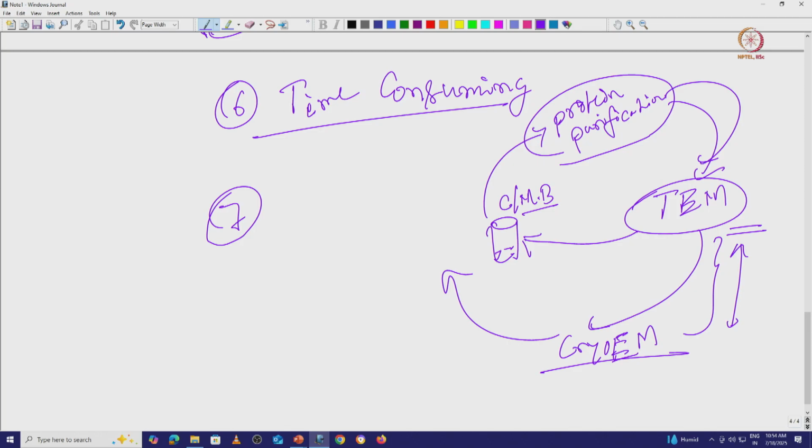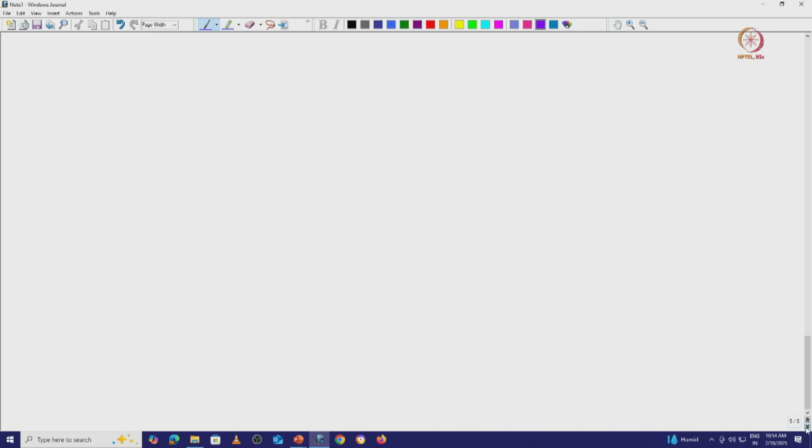Okay, so what are the basic steps for our single particle cryo-EM? Let's discuss a little bit about that, the basic steps of what we want to do. So first step is grid preparation. So grid preparation, what do you have?